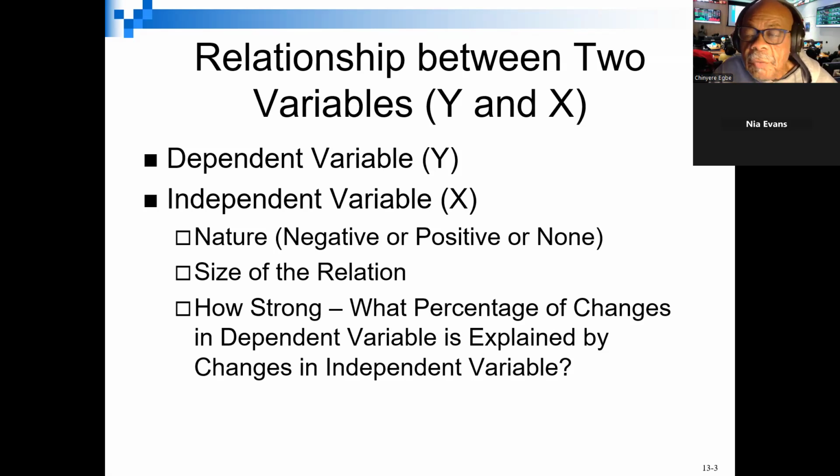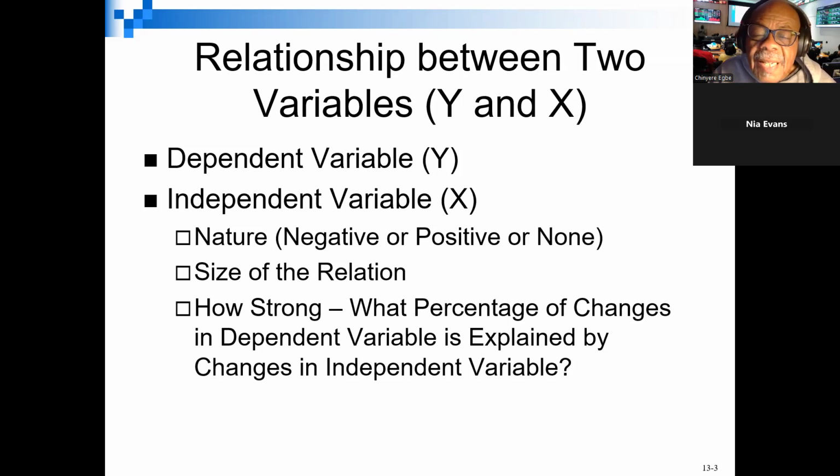So that's a -2 in the relationship between gasoline and distance traveled. But when you think about me traveling, you traveling and any other person traveling, depending on the road and the traffic, the percentage of changes in the dependent variable explained by changes in the independent variable will be about 90%.